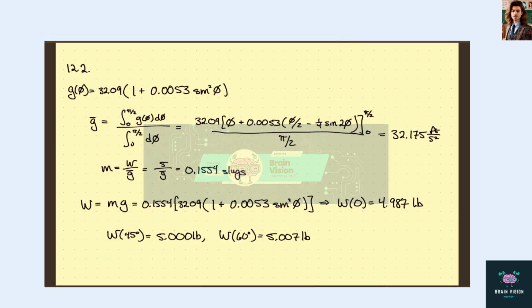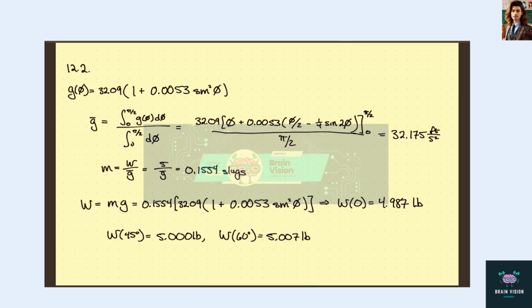Wait a minute, latitudes start at the top, so we're actually moving down, so this would be at the North Pole. So we plug in 0, and we just get this times this, and that winds up being 4.987 pounds. So at the North Pole, with the latitude of 0, is that right?